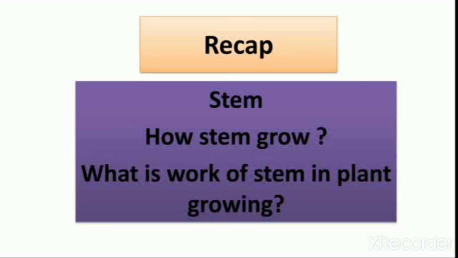Now let's see what we learned today. We learned about the stem. How does the stem grow? We learned that the stem grows as roots grow. But roots grow underground and the stem grows above the ground. What is the work of the stem in a growing plant?